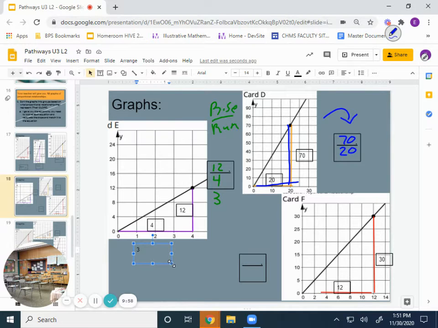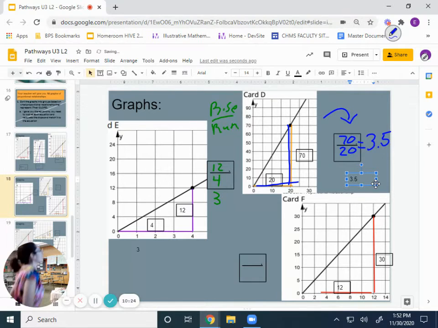If I were to type that into my calculator, 70 divided by 20, that would get me a quotient of 3.5. Okay? So I'm going to once again write that on mine. If it is incorrect on yours, please take the time to write the correct slope there, 3.5.